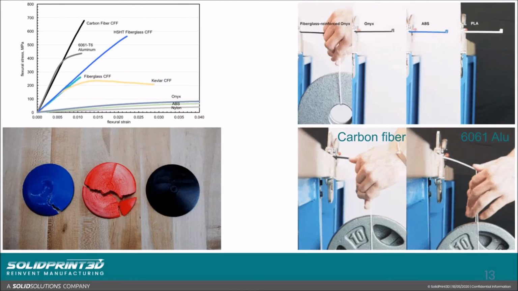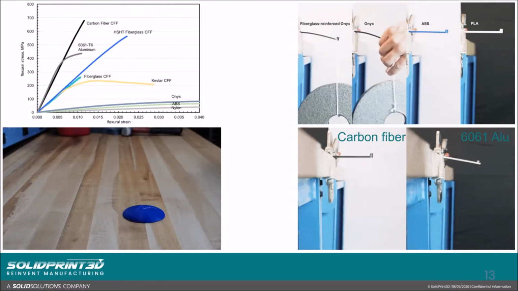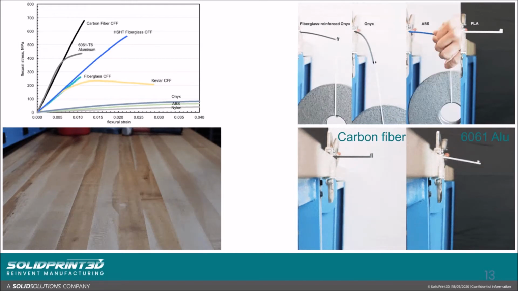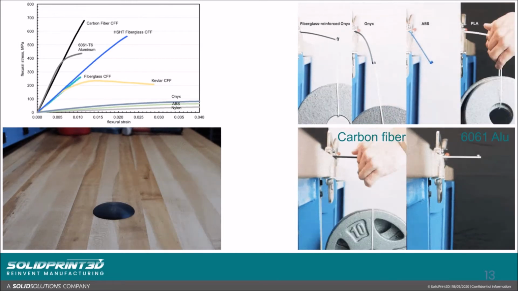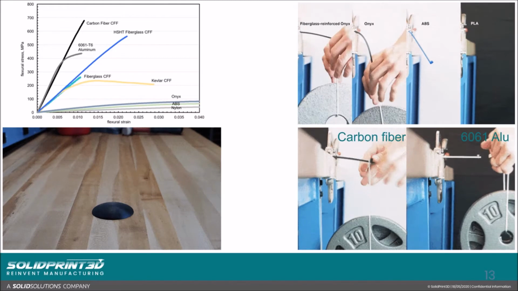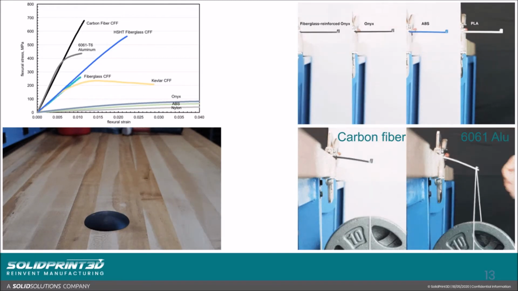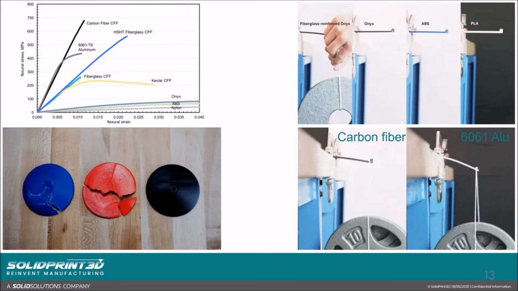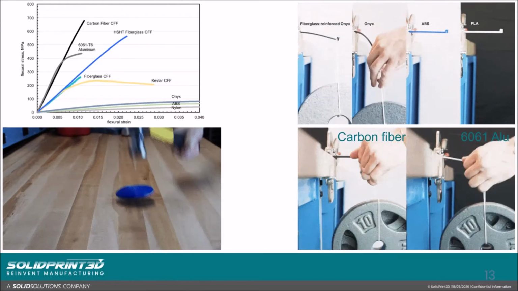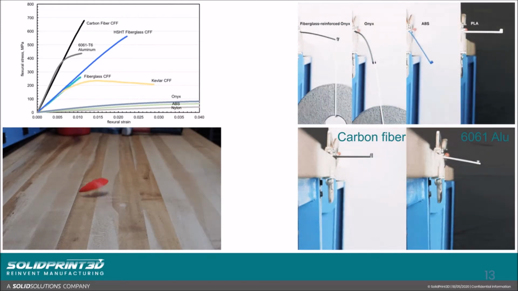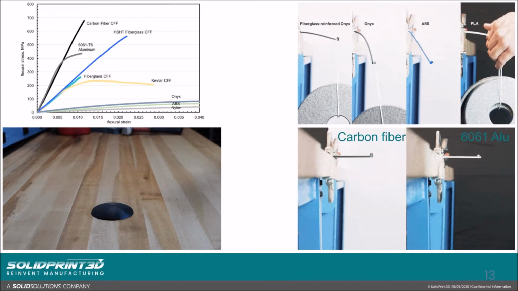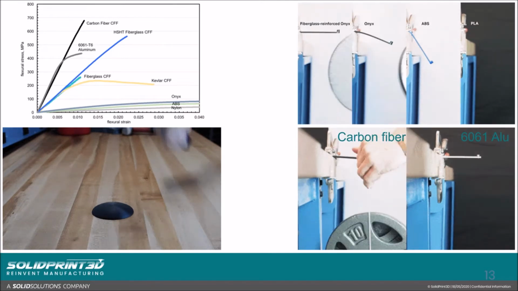Moving to the top left, we've got a graph here. Down the bottom, you can see the stress strain curve of the nylon, then the ABS just above that, and then onyx further above that. Onyx is a nylon based material with chopped carbon fiber particles within it, and that's almost twice as strong as ABS alone.